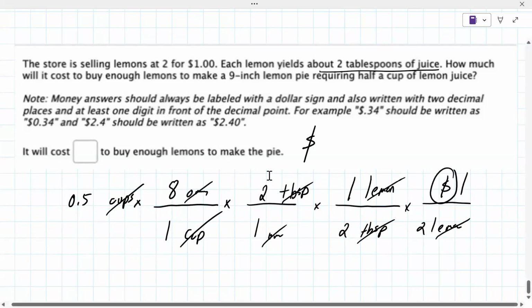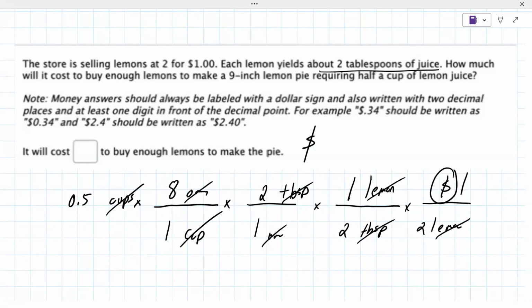You're going to multiply the top and then the bottom as well. So it looks like it's just exactly $2.